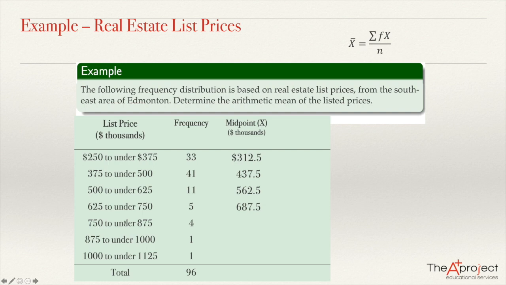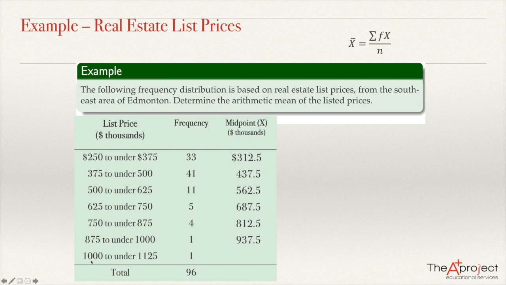Then get the midpoint the same way in this class: 750 plus 875, divided by 2, I get 812.5. 875 plus 1,000 is 1875, divided by 2, 937.5.